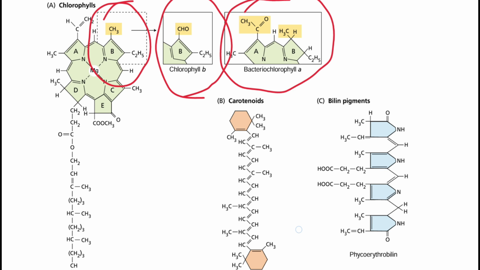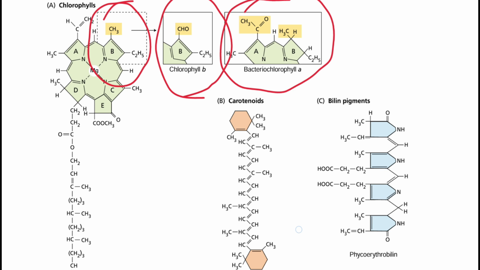The difference between chlorophyll A and B is that all structure is similar, but only one group differs: in chlorophyll A it is a methyl group, but in chlorophyll B it is an aldehyde group. Every single atom and electron is similar in chlorophyll A and B, but only this alkyl group, that is the methyl group, is different, and it is aldehyde in chlorophyll B.